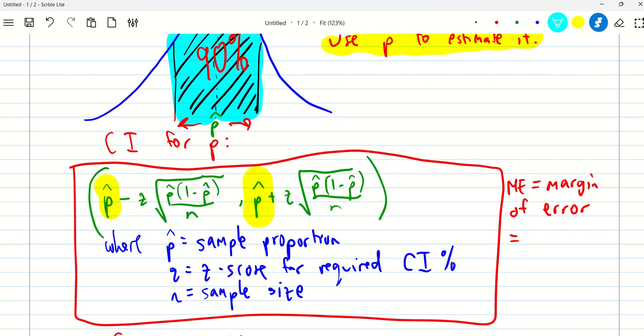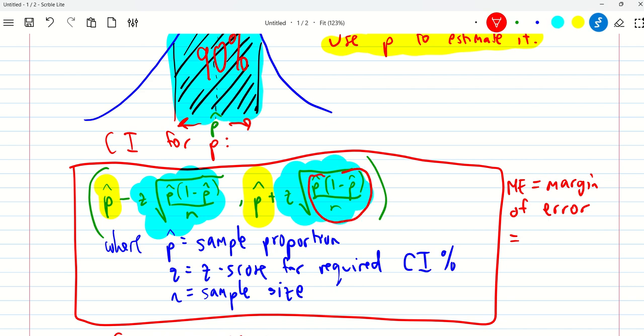One's plus and one's minus. The thing in the square root is just the standard deviation for P hat.